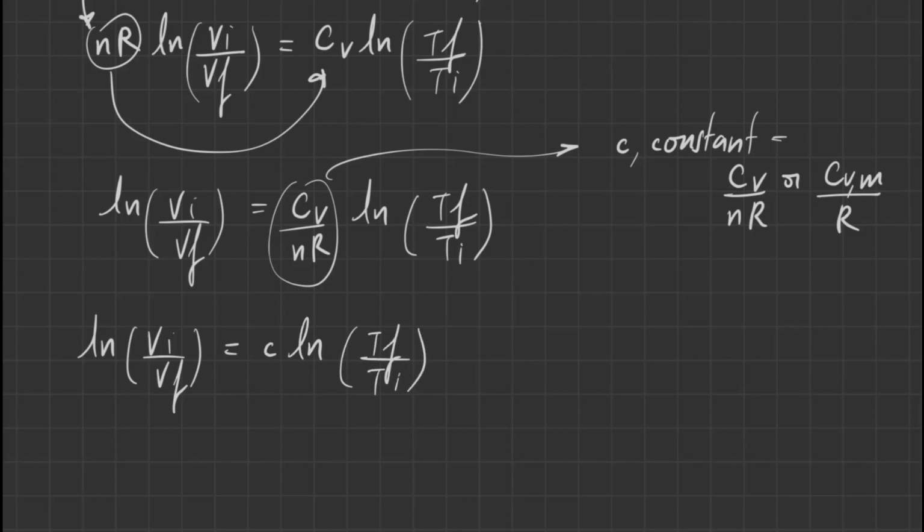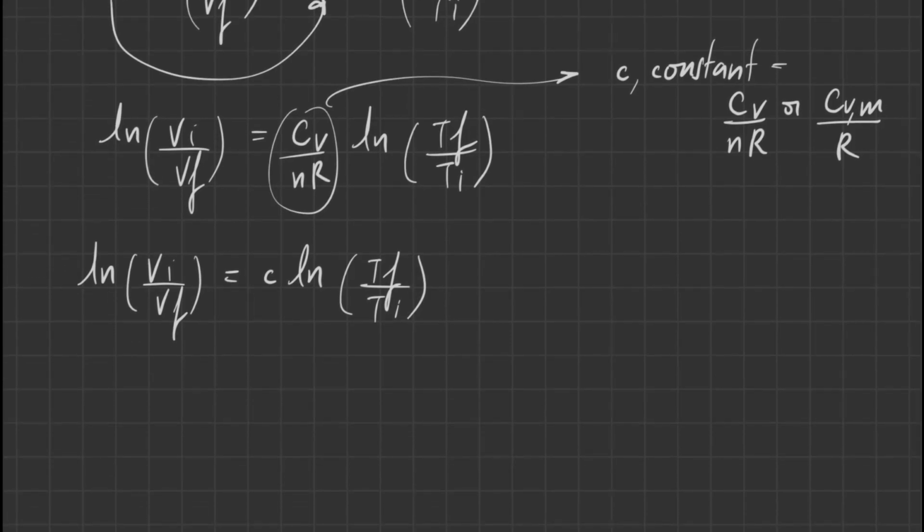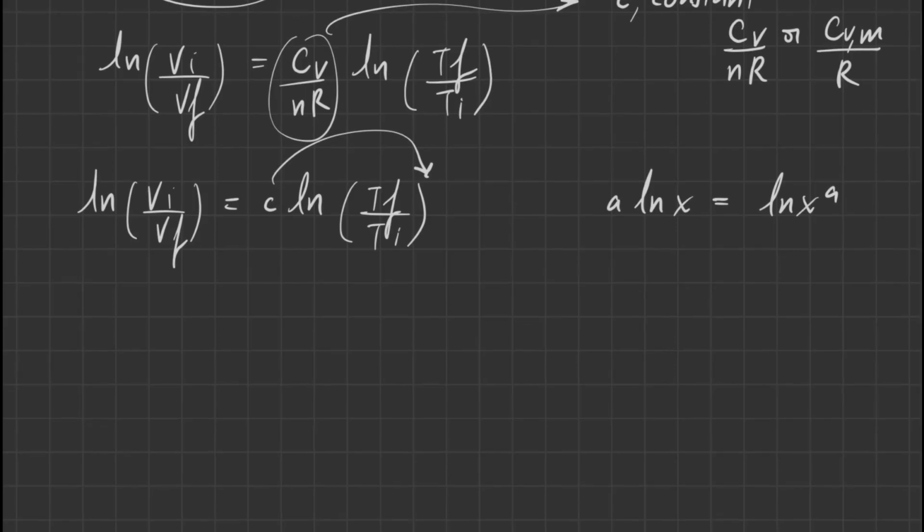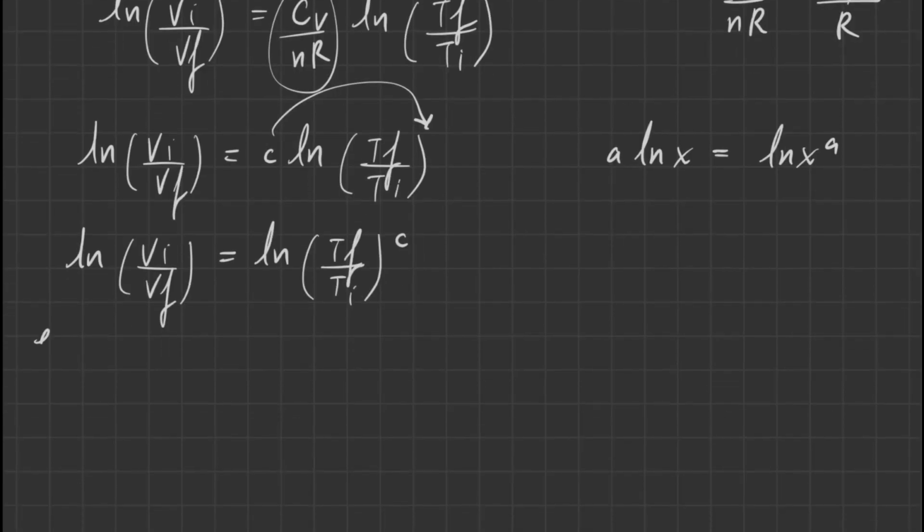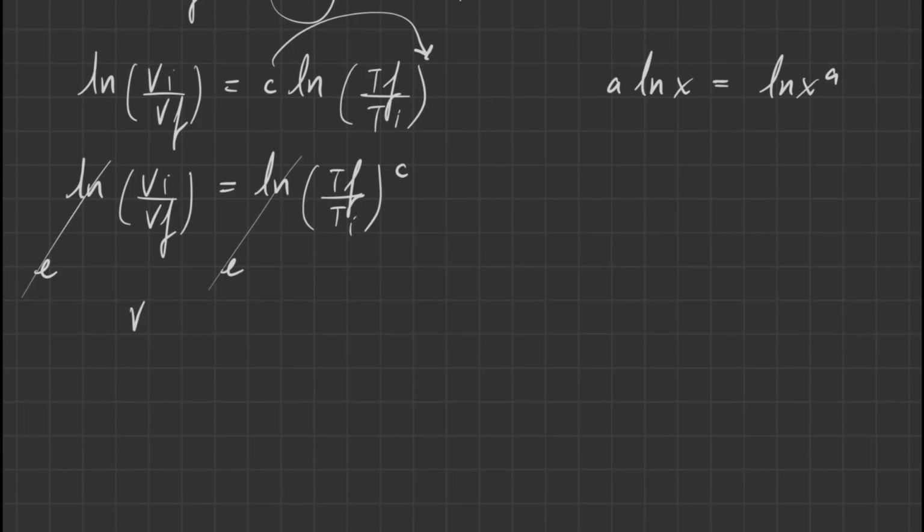Using the relation a ln x equals ln x^a, we can move this c as an exponent of the term inside the natural log, and now we have this. If we raise e to the power of this term, we can cross that out, and we find that Vi over Vf is equal to Tf over Ti to the power of c.